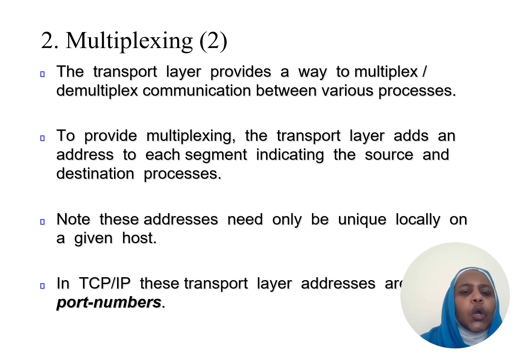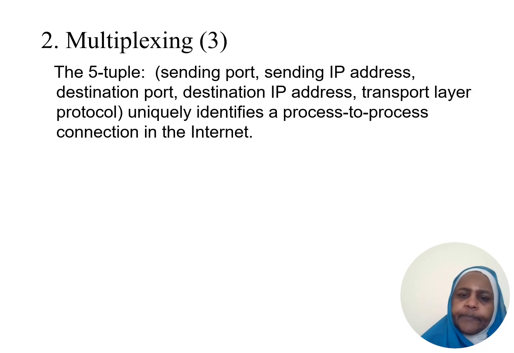These addresses are called port numbers. Usually the communication is identified by a tuple of five: sending port, sending IP address, destination port, destination IP address, and transport layer protocol. This will uniquely identify a process-to-process connection on the internet.